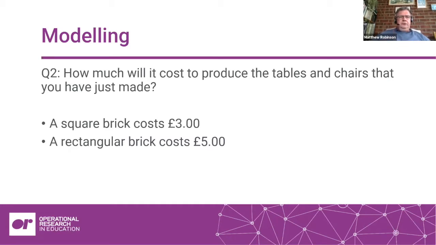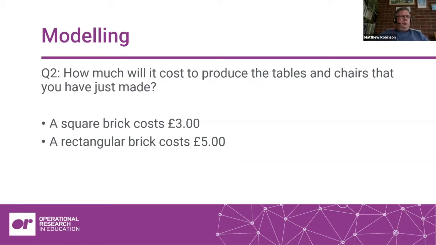So for each of those 4 options now, you should have been able to work out what the cost is to build each of those 4 options. So then just a reminder, first option is no tables and 4 chairs. Second option is 1 table and 3 chairs. The third option is 2 tables and 2 chairs.